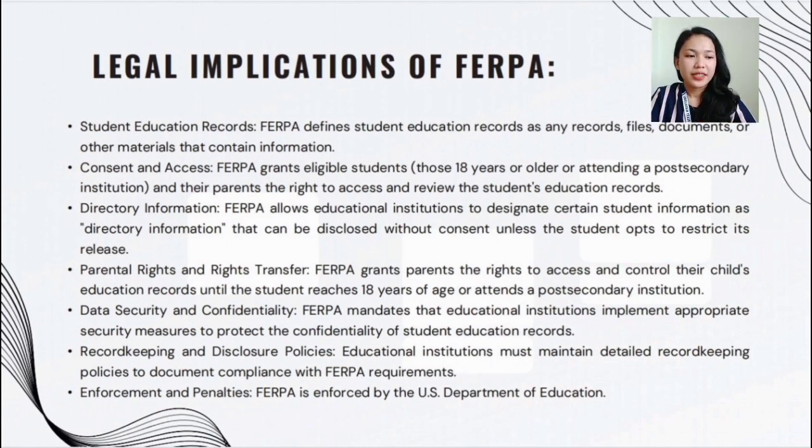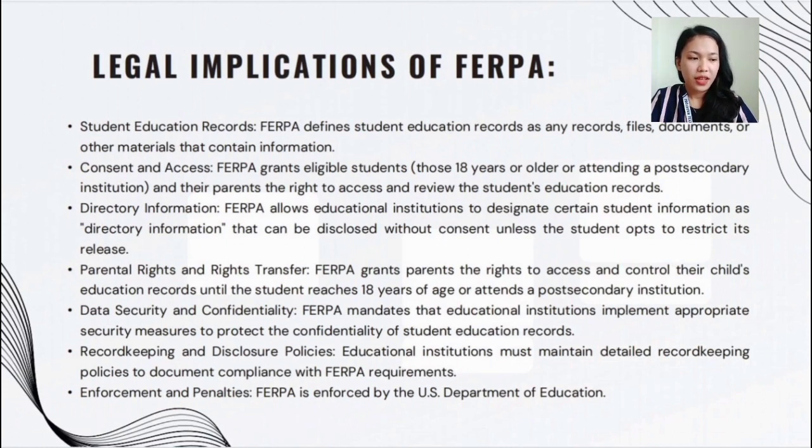Parental rights and rights transfer. FERPA grants parents the right to access and control their child's education records until the student reaches 18 years of age or attends a post-secondary institution. Data security and confidentiality.